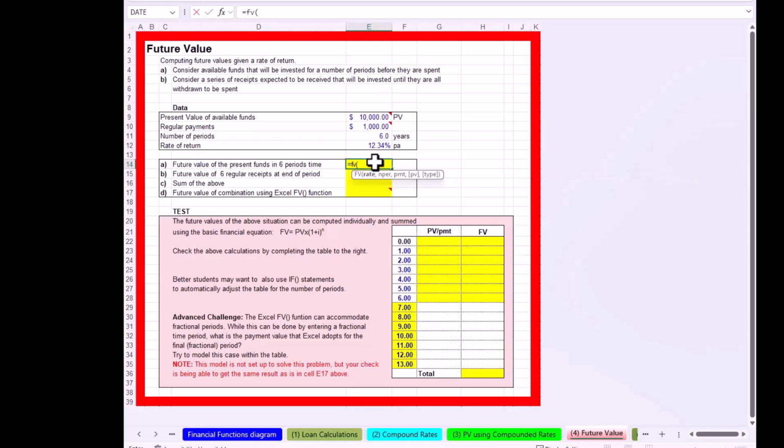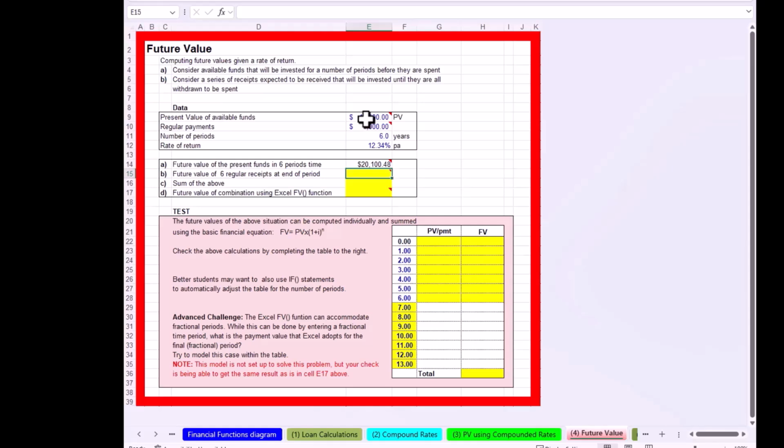Here I have the rate, I have the number of periods, I have no payments, I'm going to put in an extra comma, and then I'll put a negative sign for my sign conventions, the $10,000, and hit return, and I've got $20,000. So in 6 years time, earning 12.5%, 12.34%, the $10,000 becomes $20,000.